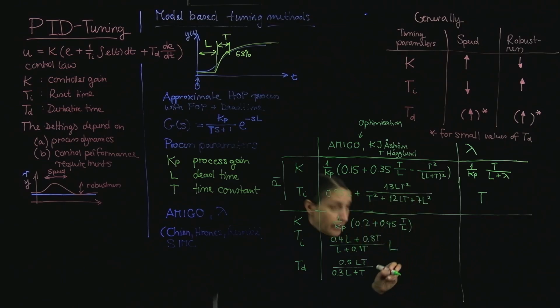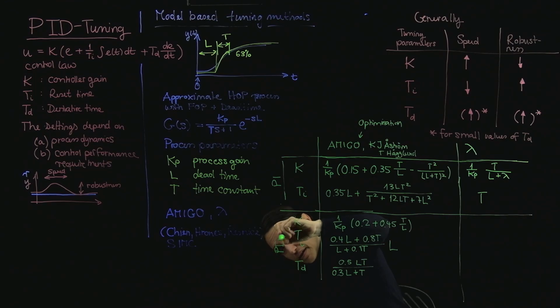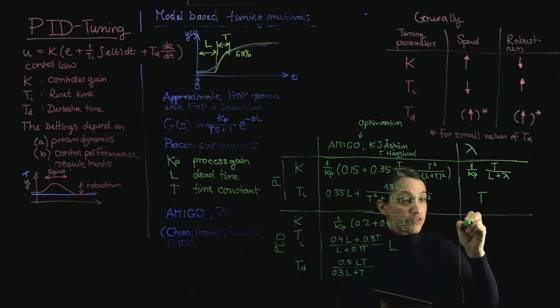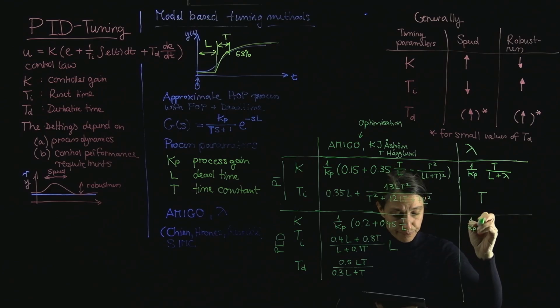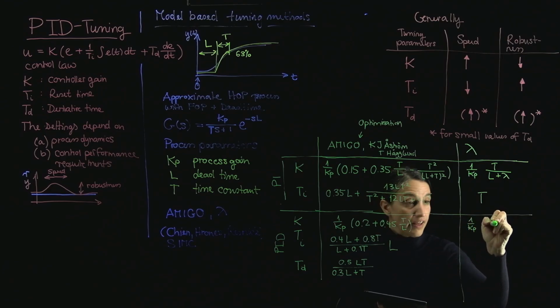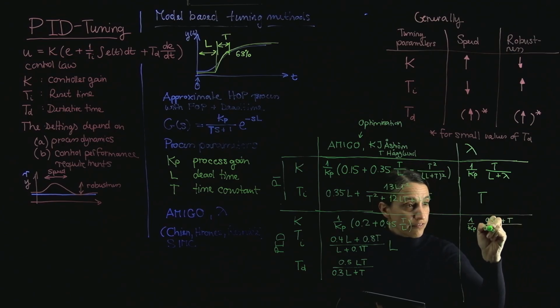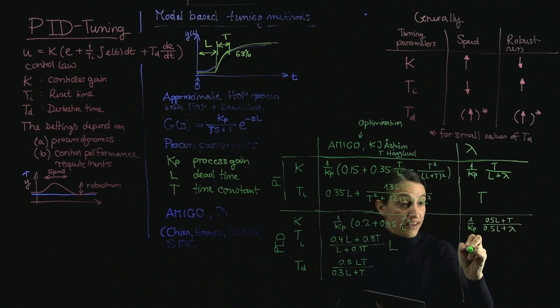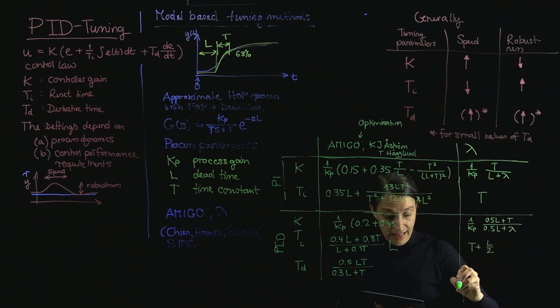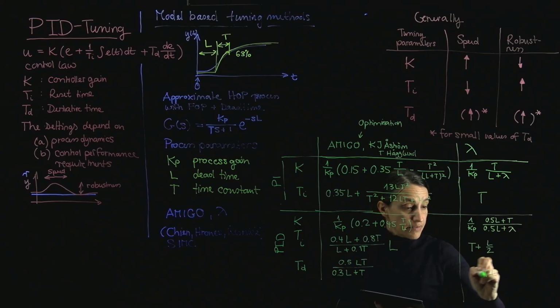And for the PID controller, the values are 1 divided by KP, 0.5 L plus T, divided by 0.5 L plus lambda, and the reset time is T plus L over 2, and the derivative time is T times L divided by L plus 2T.